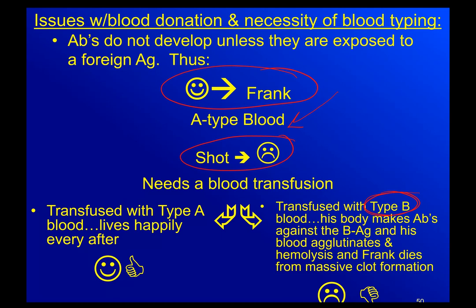Eventually, there's going to be agglutination and hemolysis, and Frank is going to die from massive clot formation because B antigen doesn't match his A antigen on his own blood. Now remember something, that blood has a shelf life of about 120 days. So it's going to stay there long enough to create antibodies to it.